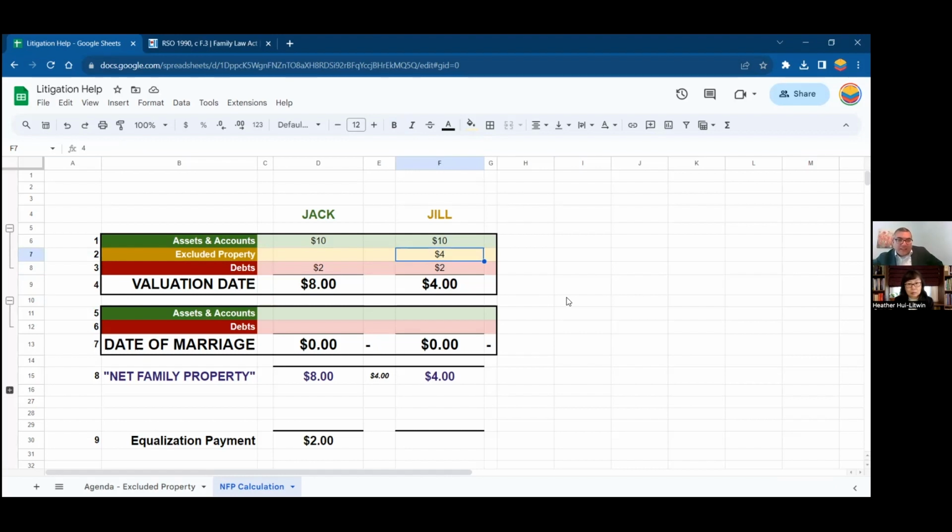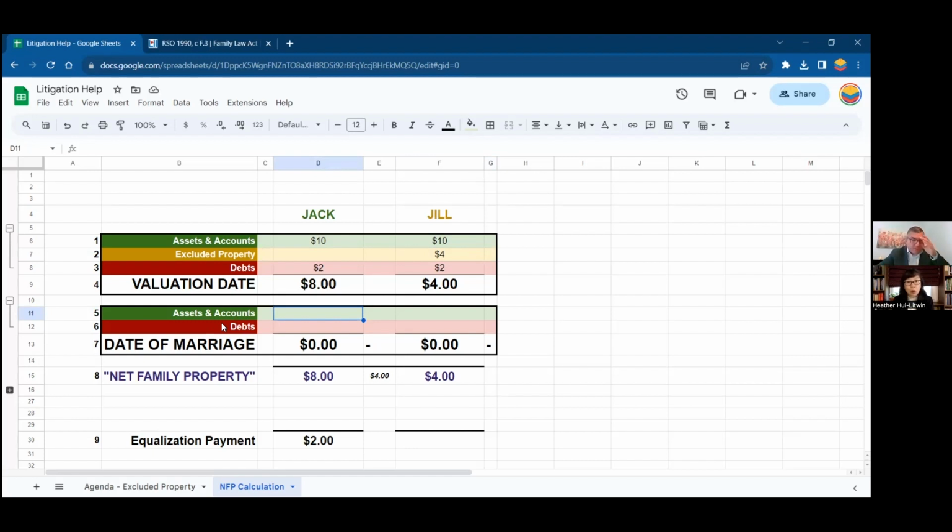As a result, it's 10 minus 4 minus 2, and that's how we got to Jill's 4. So takeaway number 1 is that excluded property is a negative. Very important: it's a negative off of a total. The second thing you should take away is that it doesn't exist on the date of marriage. This is solely something that we're looking at on the date that you separated.